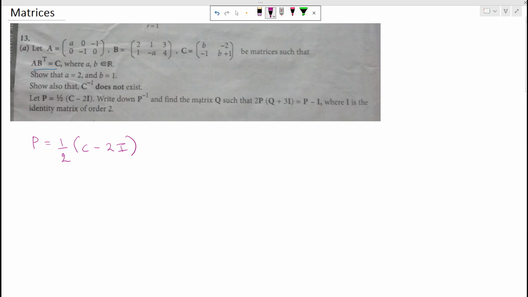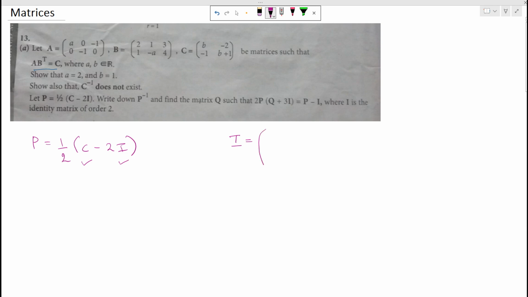Write down P inverse. Okay, they are telling to write down P inverse. So this is very simple because we know the value for C and I. Now they are telling I is an identity matrix.